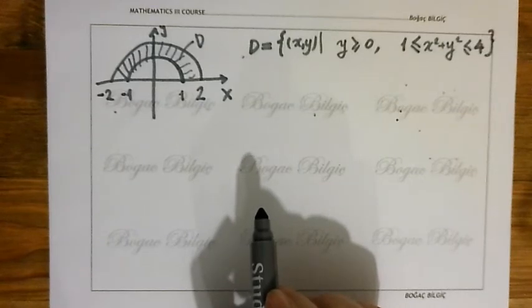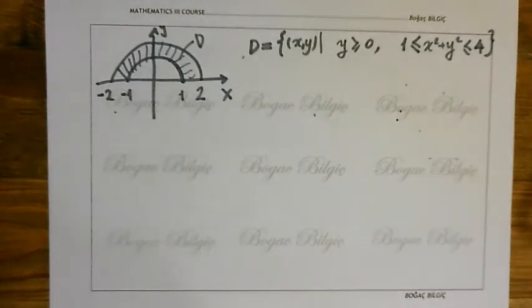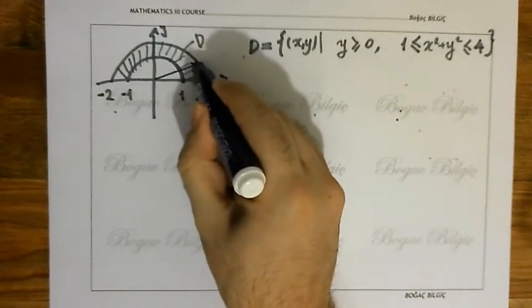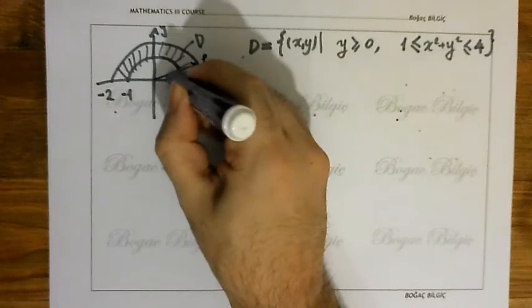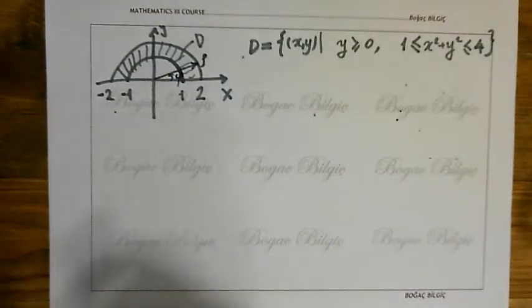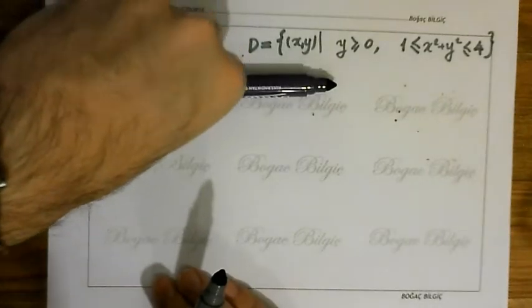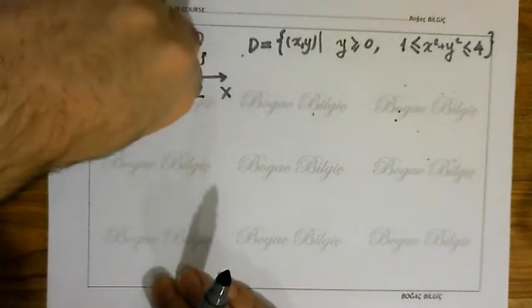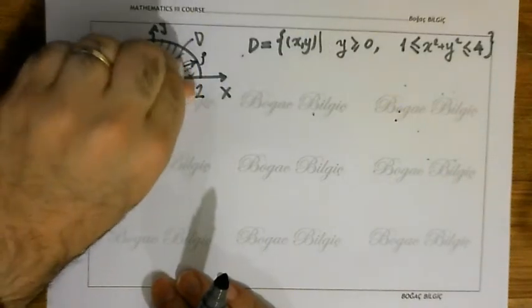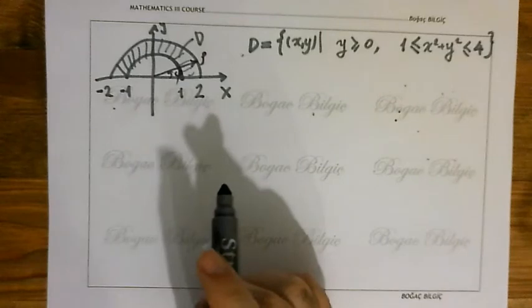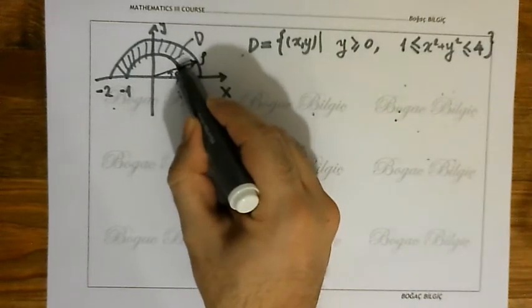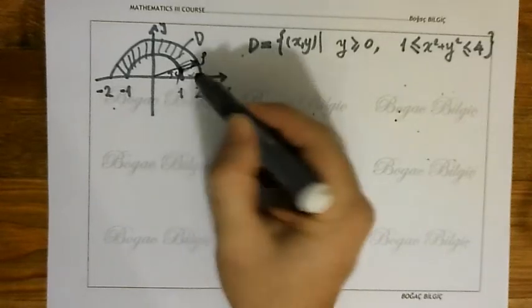In polar coordinates, these coordinates, rho and phi. Phi is from 0 to pi, and rho is from 1 to 2.